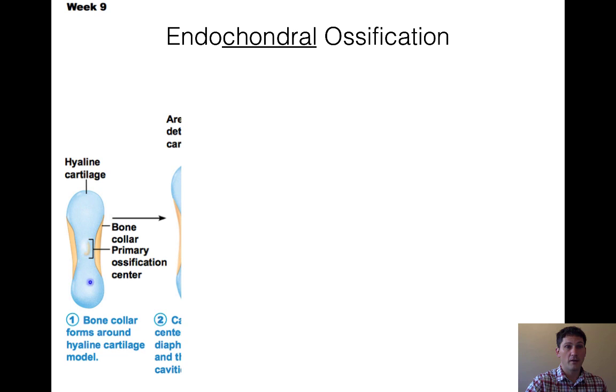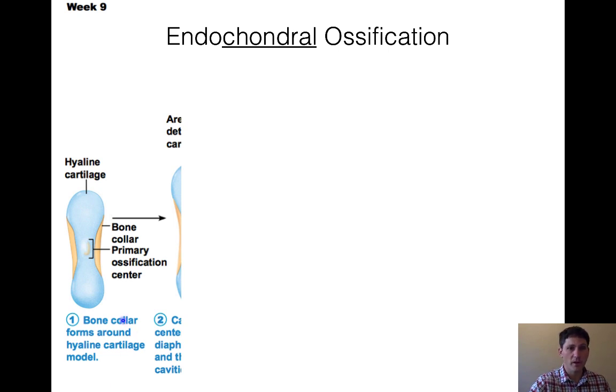And within that cartilage framework, what we see happening is that we develop a bone collar. So a little bit of osteoid is deposited along these long bones, and that gives some rigidity to that cartilage so that we have this really secure framework to start adding more weight and more bone.